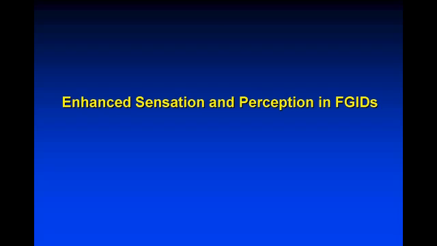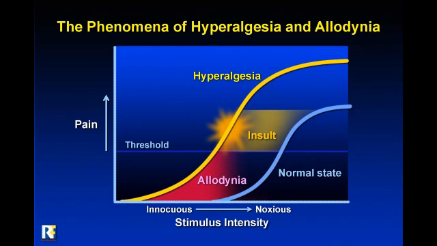Okay, so we know that there are some motor abnormalities. We know that we don't have any motor abnormality to use as a biomarker to diagnose these patients, because they can have different types, so they all don't have the same finding. But as I mentioned before, there's enhanced perception or increased sensitivity in the gut that we see in these patients. So I'm just going to give you some examples. There are two types of phenomena: hyperalgesia and allodynia, and you'll see them in your patients.